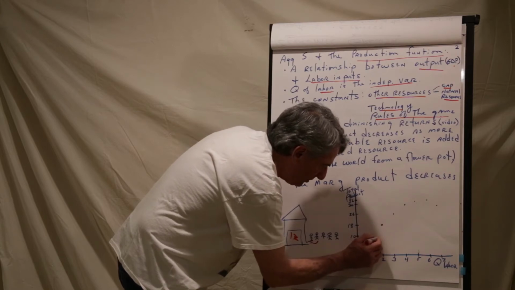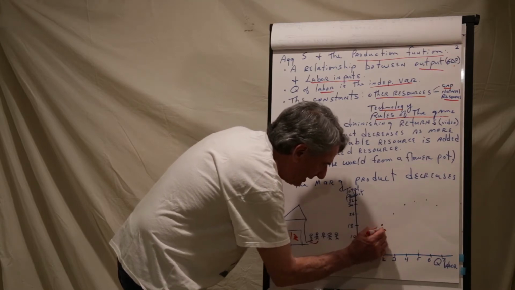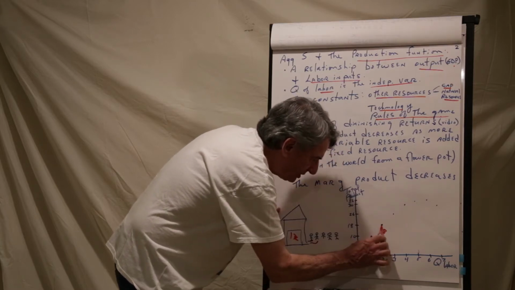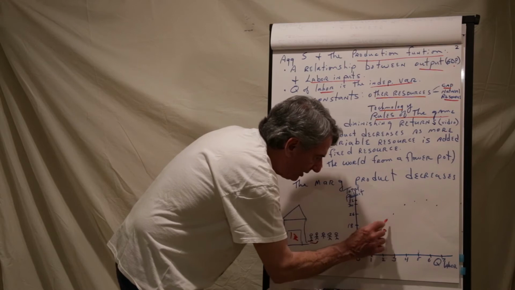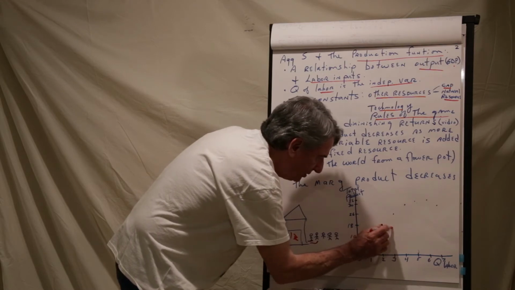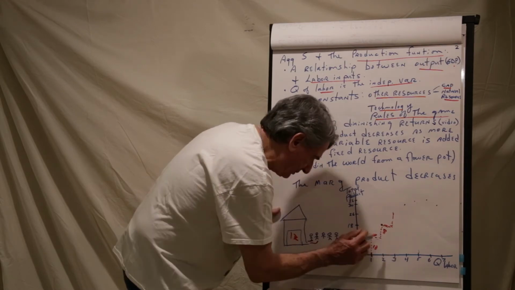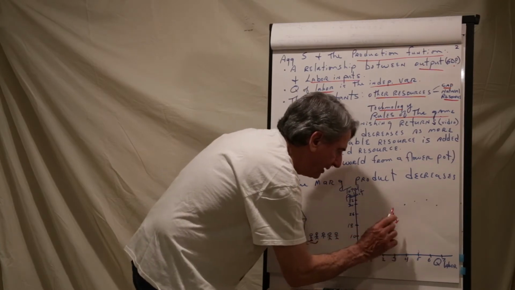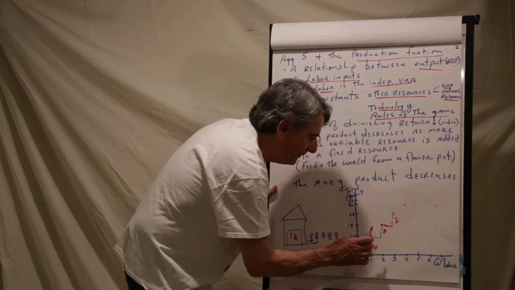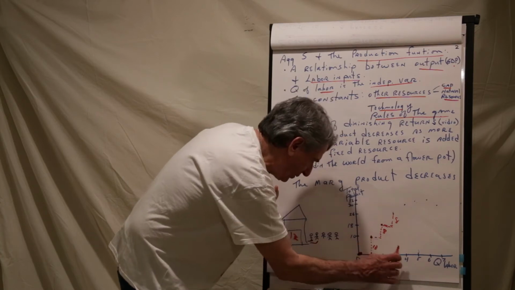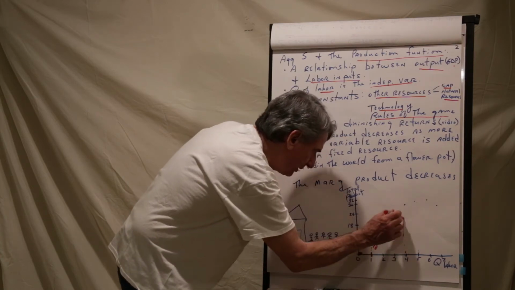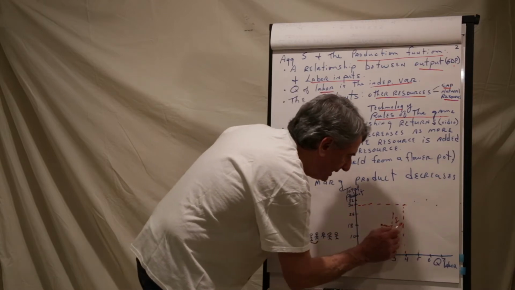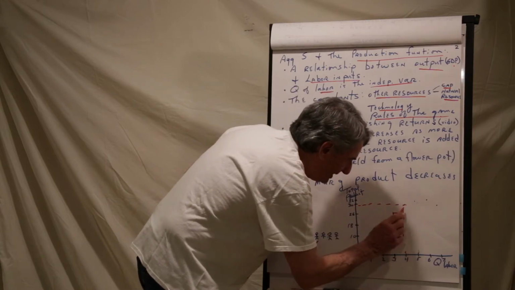That means the marginal product of the second worker is 8. You add the third worker, and the total goes to 26. Well, we've got another 8 here. The fourth worker, the total goes to 30. So the marginal product of this fourth worker is 3.